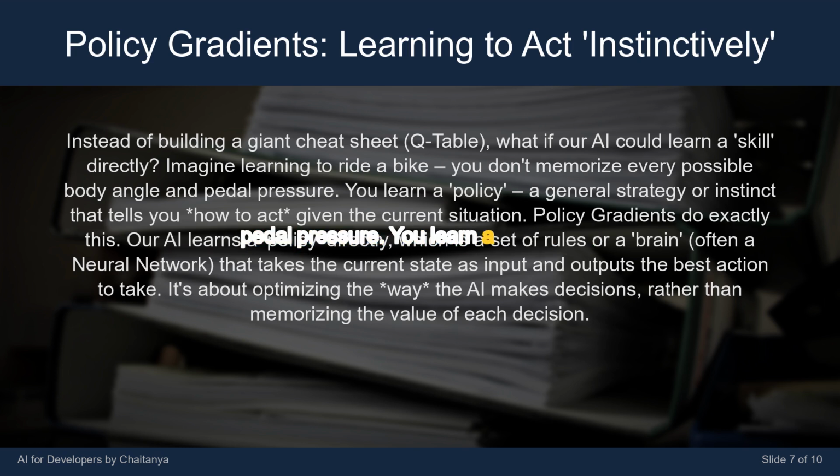You learn a policy, a general strategy or instinct that tells you how to act given the current situation. Policy gradients do exactly this. Our AI learns a policy directly, which is a set of rules or a brain, often a neural network, that takes the current state as input and outputs the best action to take. It's about optimizing the way the AI makes decisions, rather than memorizing the value of each decision.